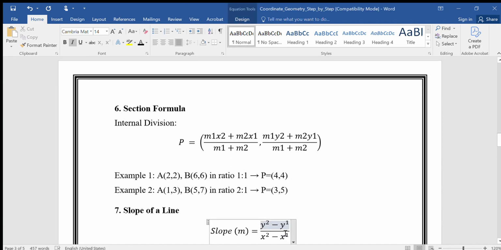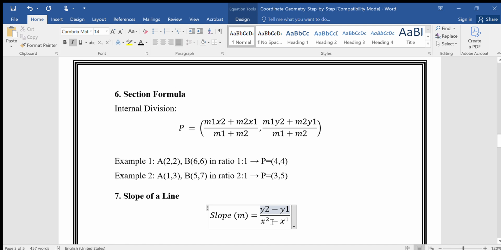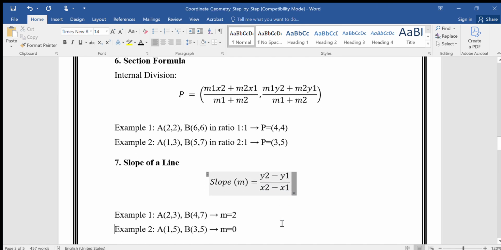Slope of a line. Slope of a line is equal to (y2 minus y1) divided by (x2 minus x1). For a point A (x1, y1) and B (x2, y2), take A (2, 3) and B (4, 7).